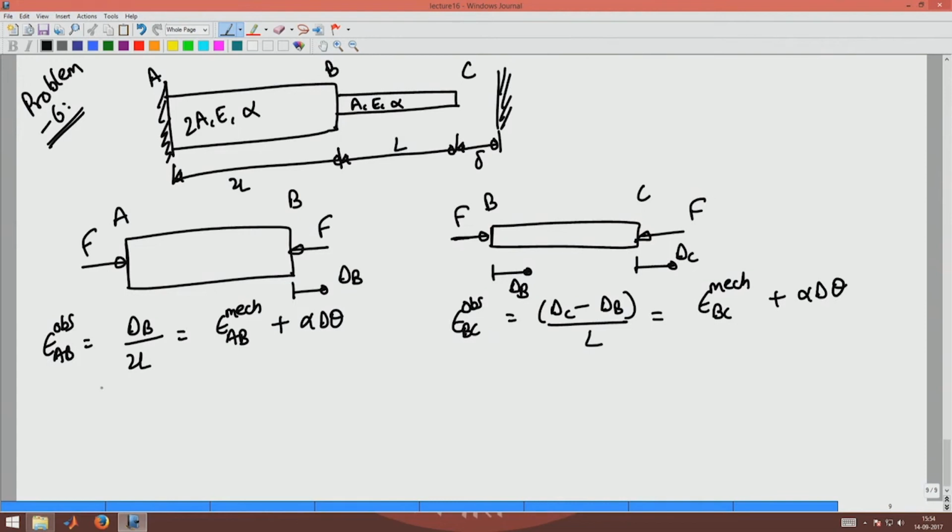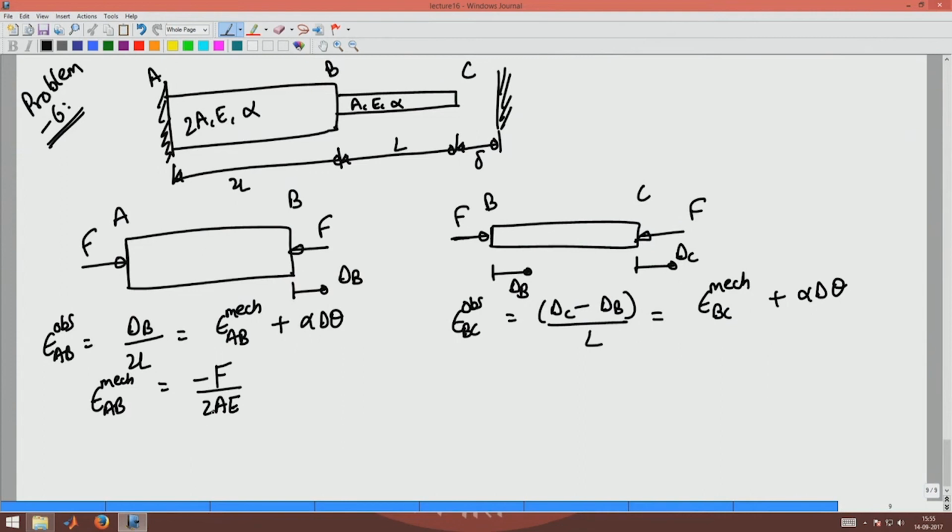Okay. Now, the mechanical strain in member AB would be minus F by 2AE. That will be the mechanical strain in member AB.